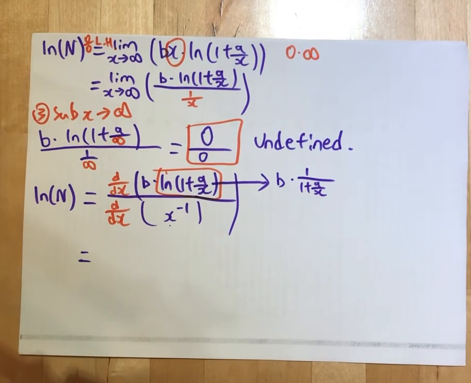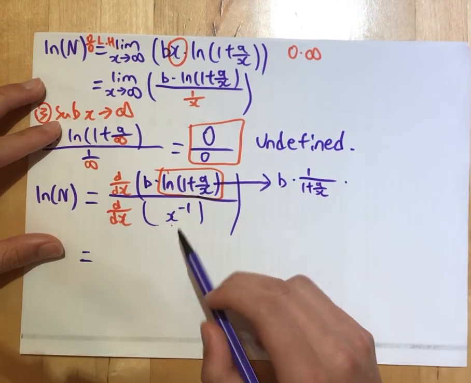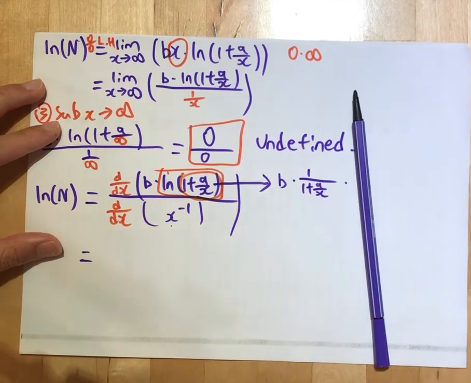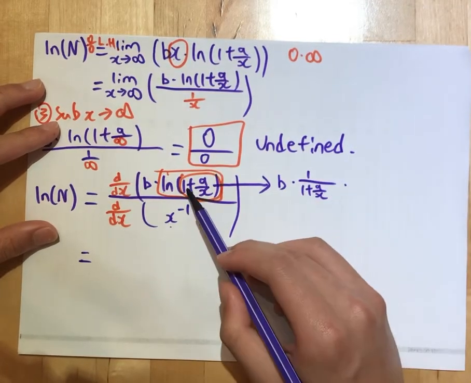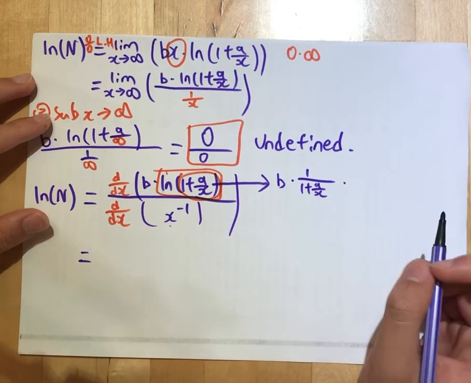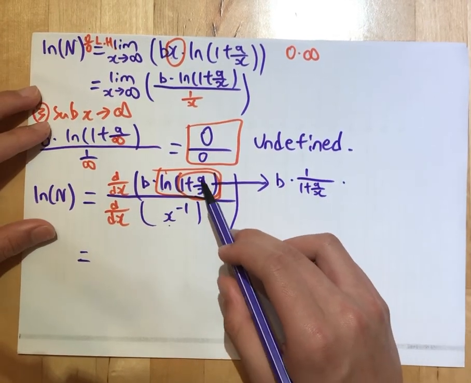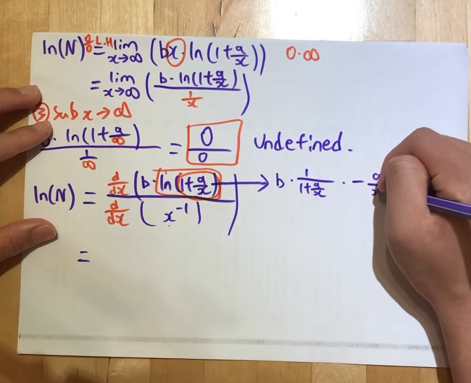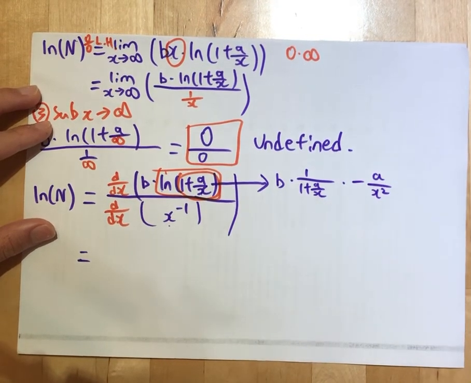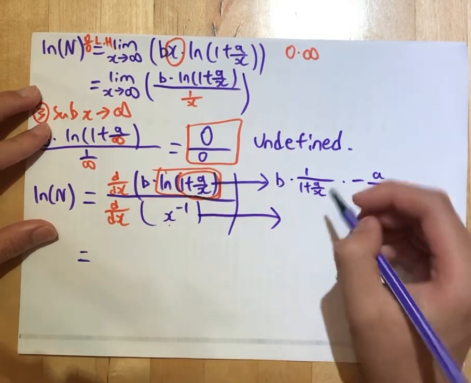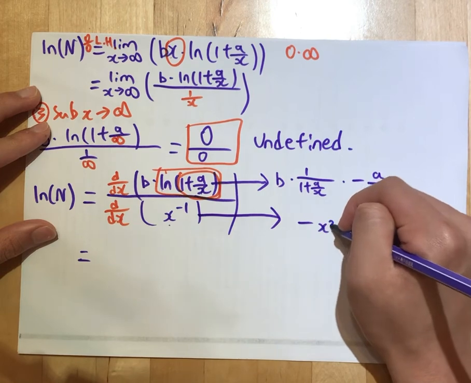But the chain rule says that we should also multiply by the derivative of the inside. So we will want to differentiate 1 plus a over x. Differentiating 1, of course, we get 0. So we differentiate this, we get negative a over x squared. And then we differentiate x to the -1 power, we get negative 1 over x squared.